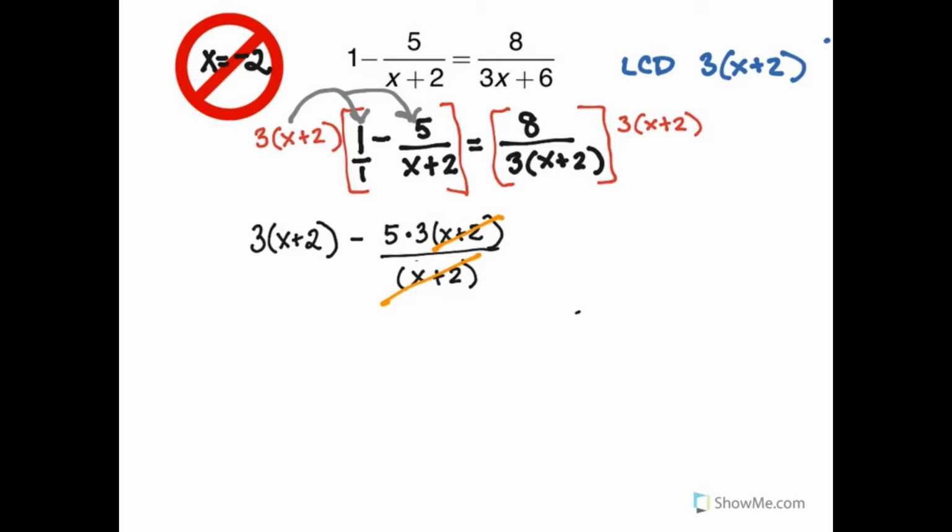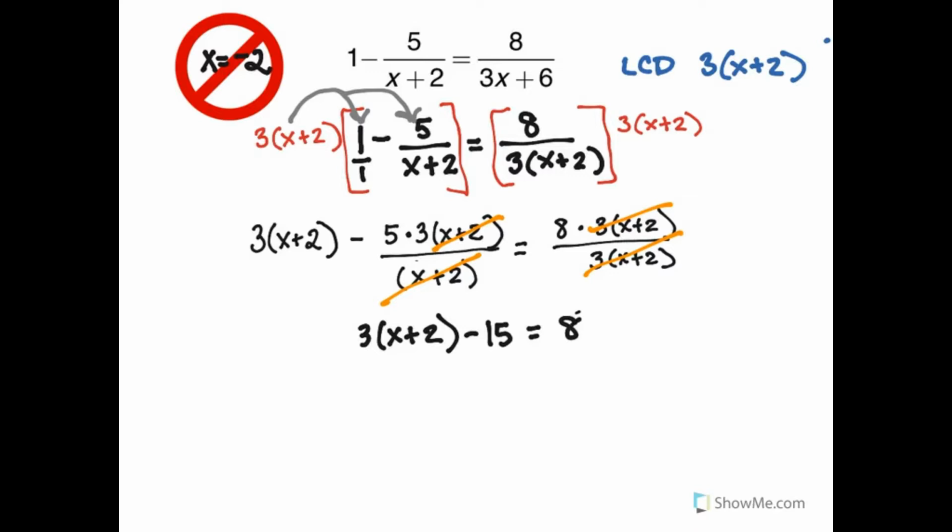And now that's not a fraction anymore, it's just 5 times 3. On the other side, I'm multiplying 8 times 3 times x plus 2, but the 8 is over 3 times x plus 2, and so I can cancel out the whole denominator. Blam! So the new equation is 3 times x plus 2 minus 15 equals 8.